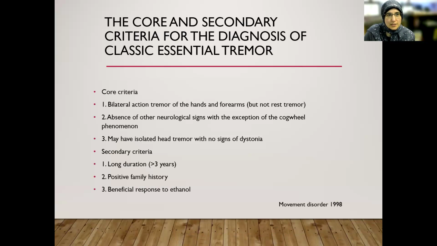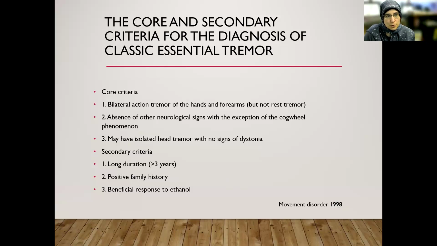And essential tremor is labeled as such if somebody has bilateral tremor with either sustained posture or with a movement in their hands and forearms, not rest tremor. And the rest of the neurological exam is normal. Now, in this version of the diagnostic criteria, which came in 1998, it was noted that an individual may have head tremor only without any hand tremor, and they may still have essential tremor.